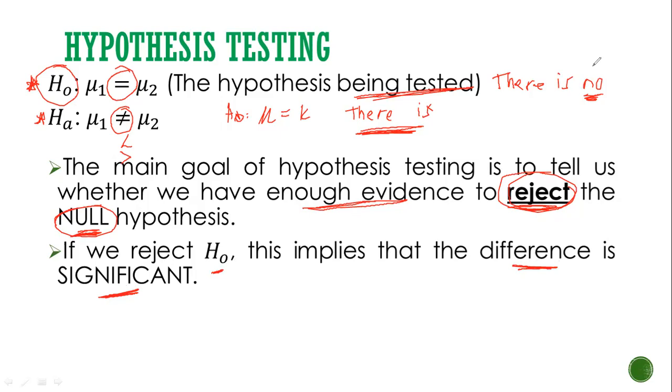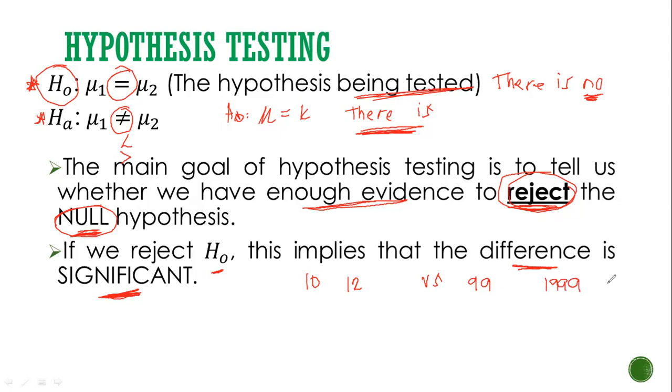Kasi nga, nireject mo na there is no difference. Therefore, i-conclude mo na there is a difference and it is significant. Ano ba yung concept ng significant dito? So kunyari, you have the numbers 10 and let's say 12, versus the numbers, let's say 99 and 1999.